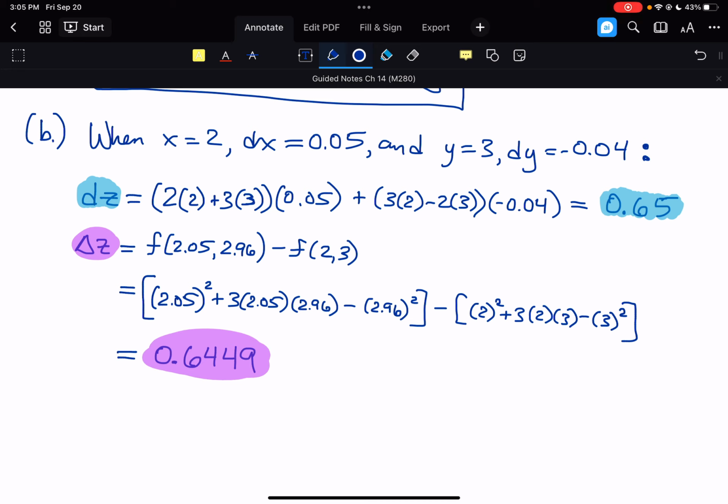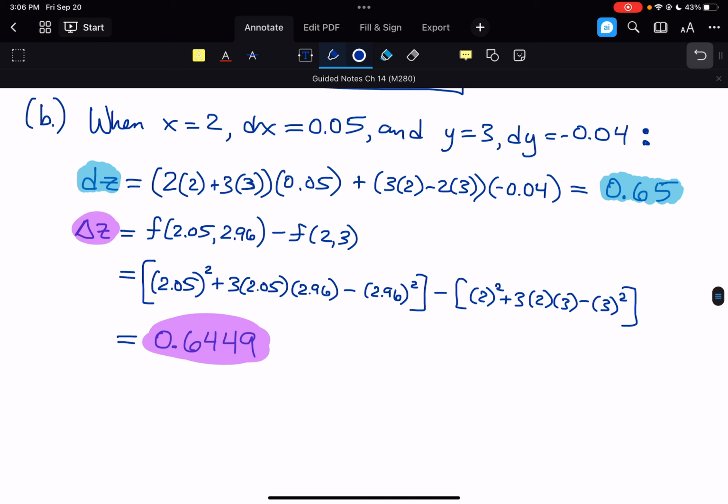So if we look at the values here, 0.65 is the approximate change. 0.6449 is the actual change. That's not that far off, right? If you cut it off at 1 decimal point, not round, but if you just cut it off, it's 0.6 both times. If you round this one, it rounds to 0.645, which then if you rounded it again would be 0.65, which is that value.